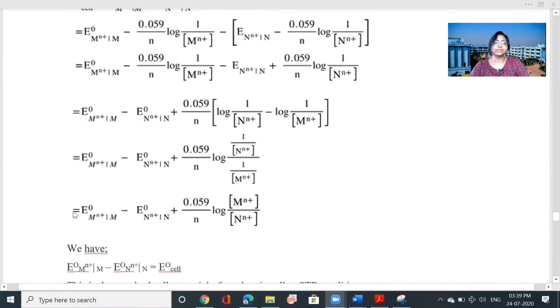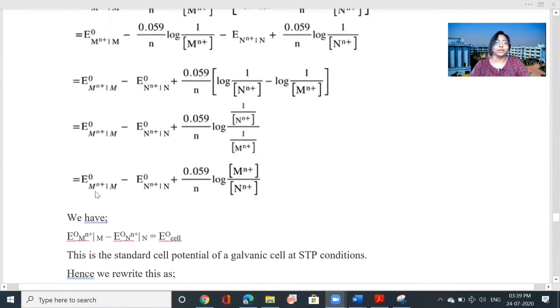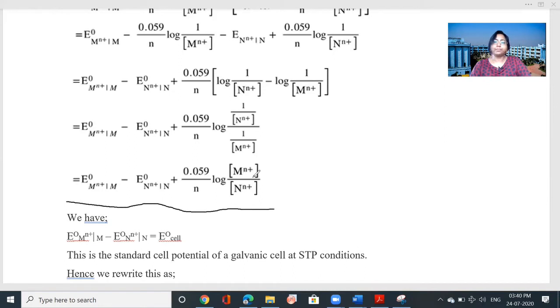Here we can write E cell is equal to E0 of M^n+ | M minus E0 of N^n+ | N for the anodic metal, plus 0.059 divided by n log of the concentration of M^n+ divided by the concentration of N^n+. So this is the Nernst equation.